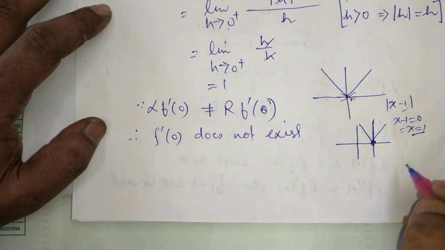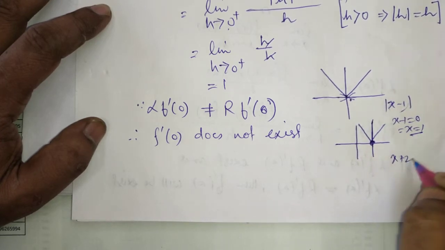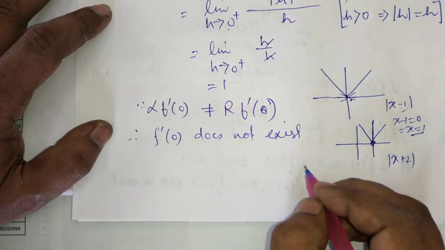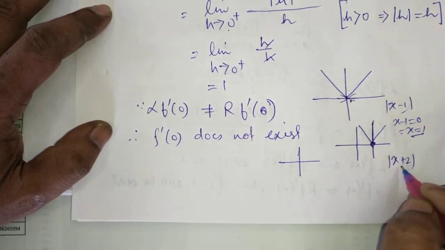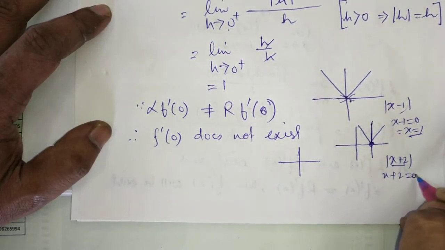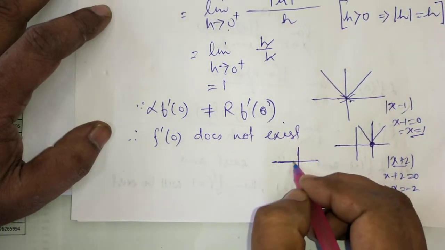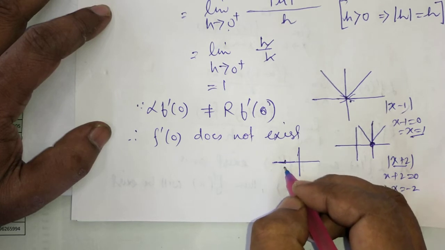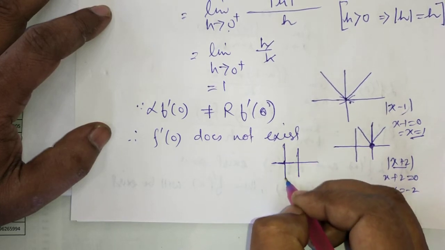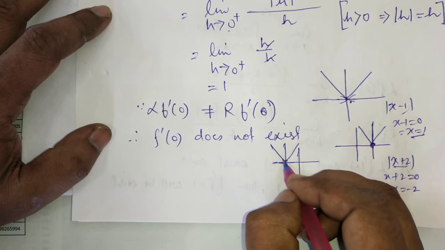If you draw more graphs, any graph, suppose modulus of x plus 2, what will be the graph? If you take x plus 2 is equal to 0, then x is equal to minus 2, so the graph will shift left. This is suppose minus 2, this is the x is equal to minus 2 line. Graph will be like that.